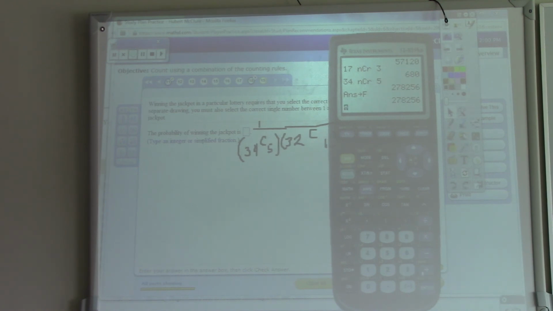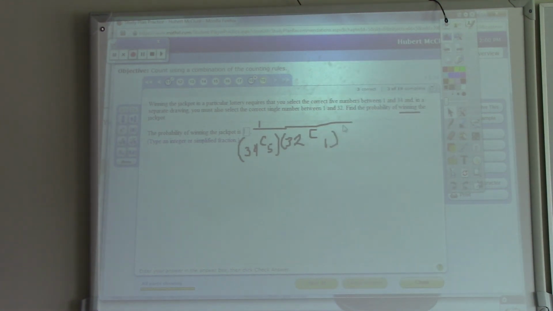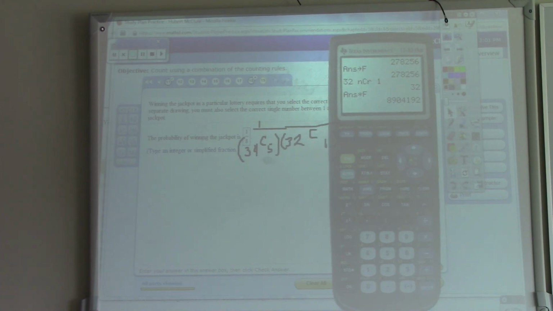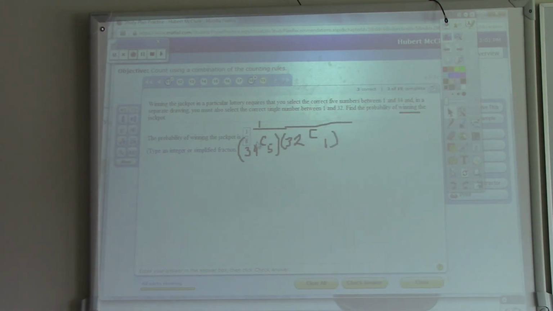Second function entry, 32 combination of 1, and multiply by alpha F, which is that big number, and you get 8,904,192. It's a miracle.